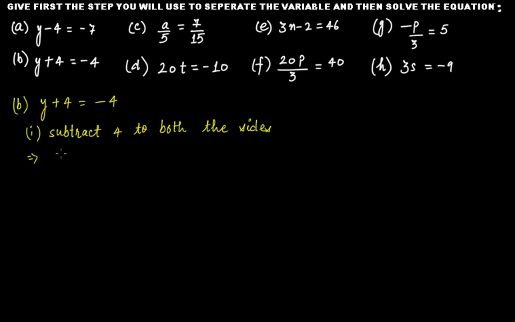So this will be y plus 4 minus 4 equals to minus 4 minus 4. This will be y equals to minus 4 minus 4. Right, so y equals to minus 8.